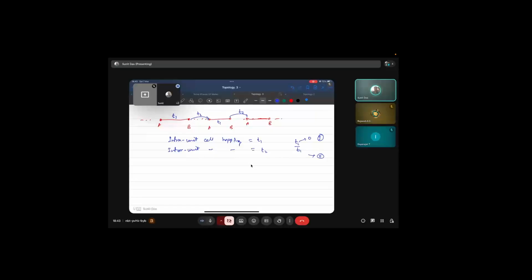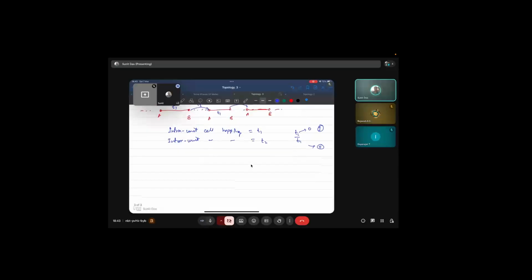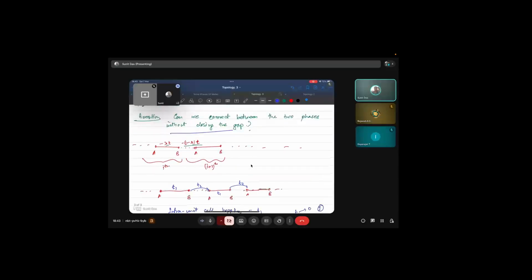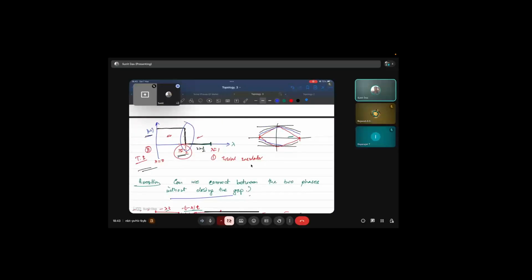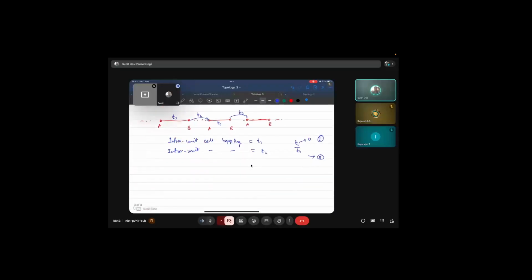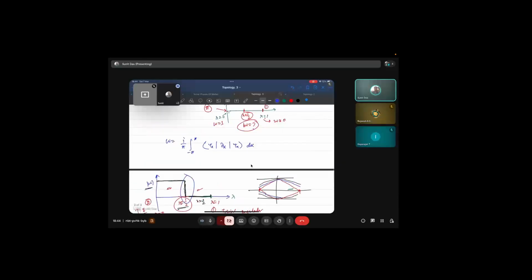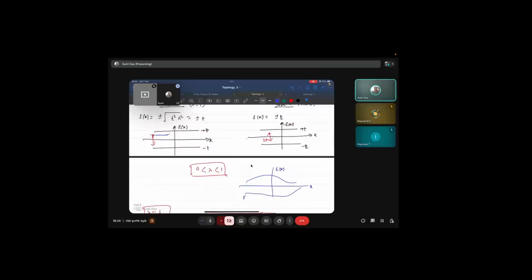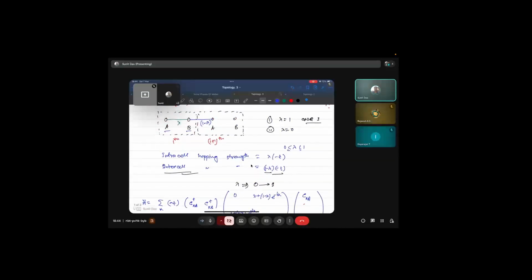So instead of lambda, we have represented it by T1, and what happened in our case, the special point for us was lambda equal to half, and lambda equal to half essentially means T1 equal to T2, right? Because our hopping strength, if you see here, lambda equal to half means this part is minus t by 2, and this part is also minus t by 2.